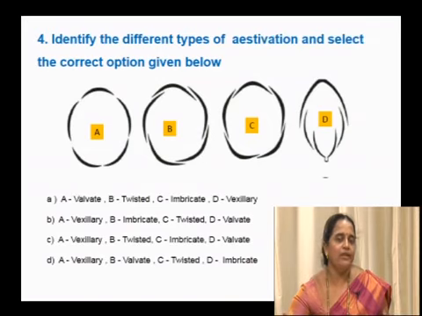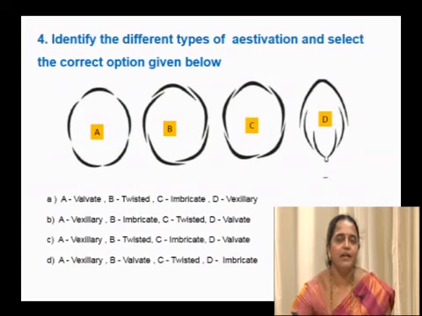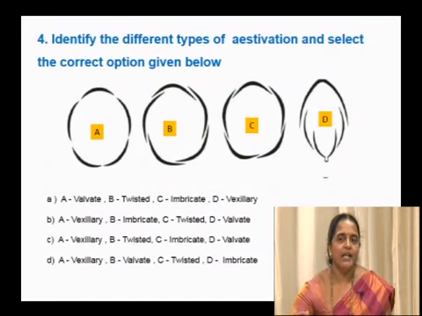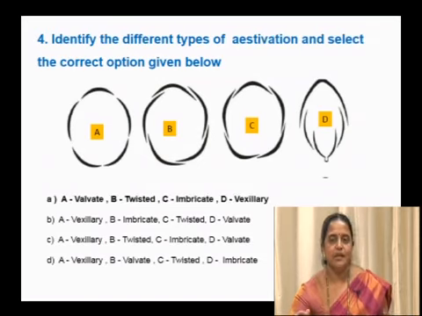In the third diagram the margins of the members are not regularly overlapped or overlapping, and the fourth diagram is very special with vexillary estivation having a standard petal with overlapping margins, wing petals with overlapping and overlapped margins, and the keel petals with overlapped margins. So, the correct option is A.